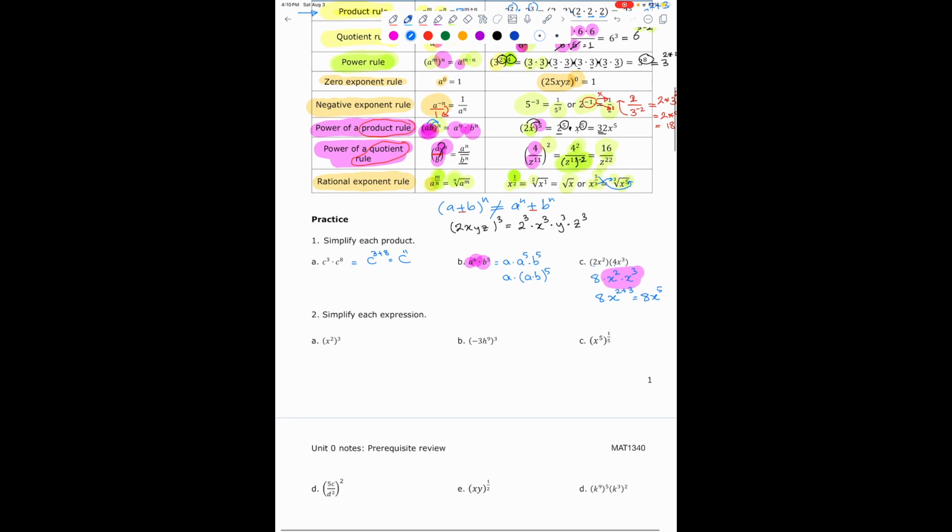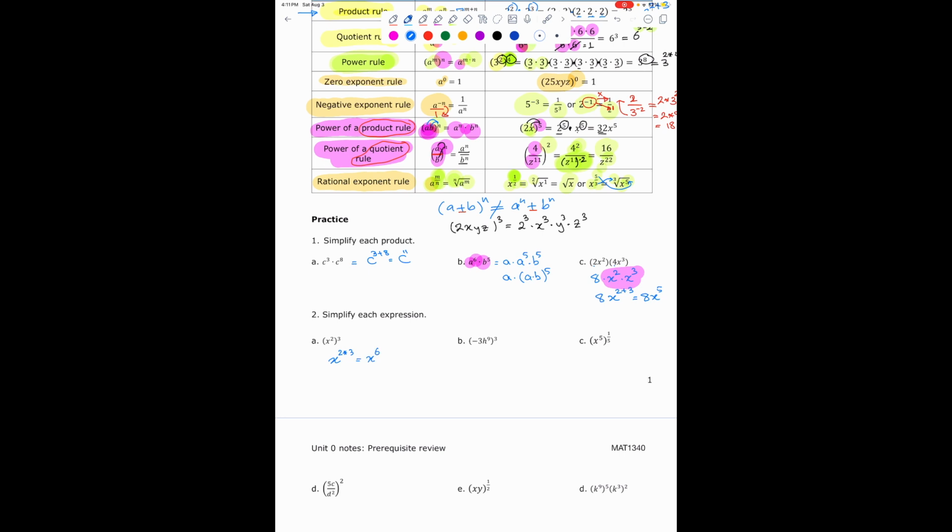Part 2, simplify each expression. A. I have x to the 2nd raised to the 3rd. I know that the power of the power multiplies. That is the power rule. So that is what I'm going to do here. I will say, using the power rule, this is x to the 2 times 3, which will give me x to the 6th power.